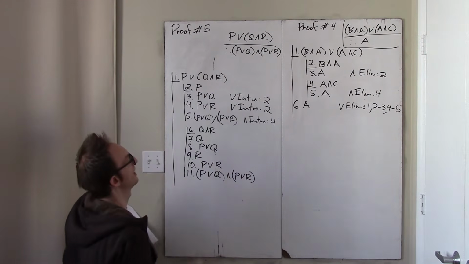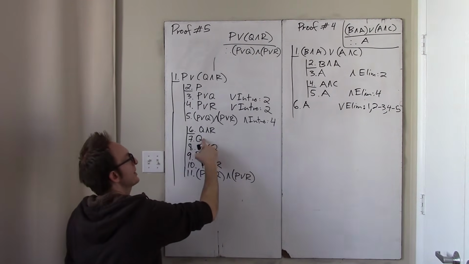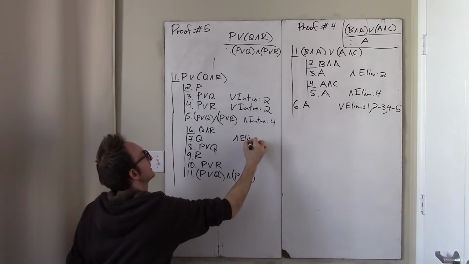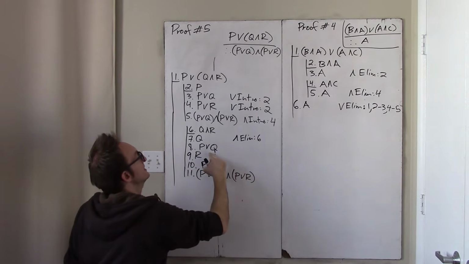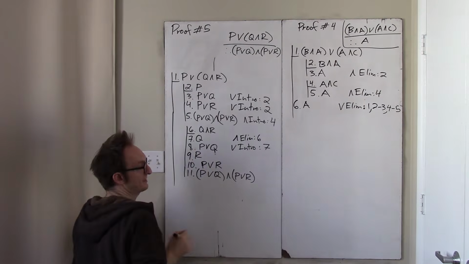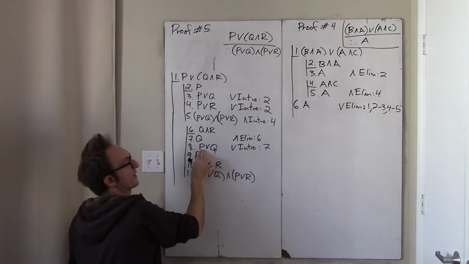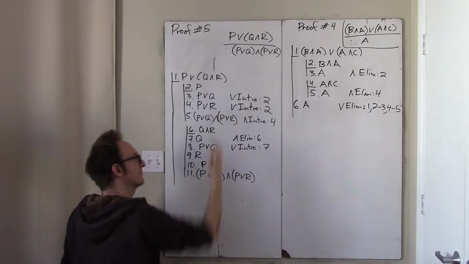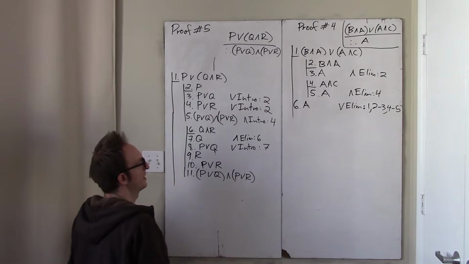Here I didn't notate as I go, so I'll explain myself now. This is and elim 6. This is or intro 7. So I weakened my line 7 by ORing it together with a P, and sure, you can put it up on the front like this, because we want that kind of power, and it doesn't matter.